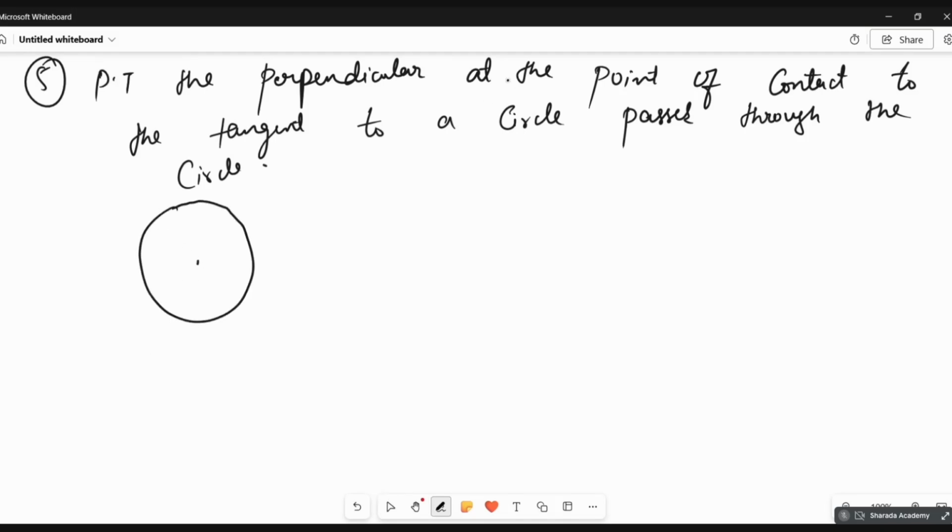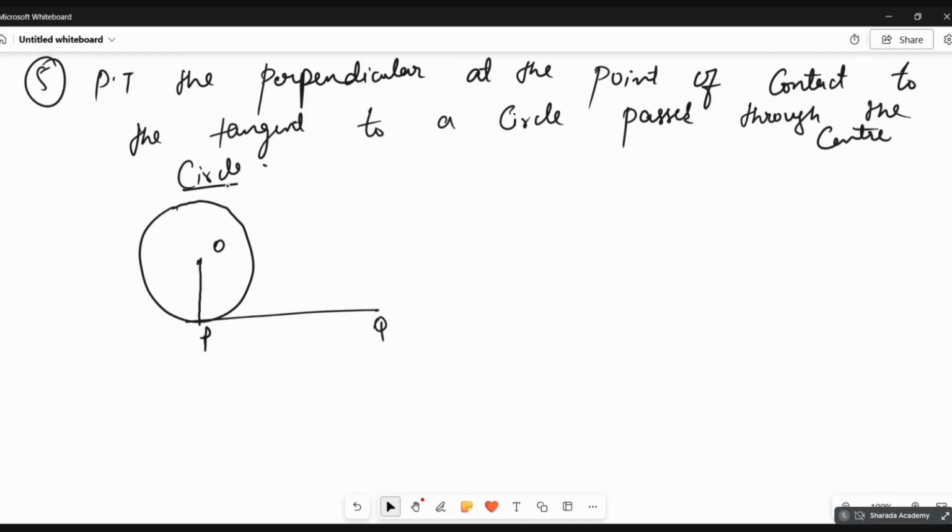Given a perpendicular at the point of contact, O, P and Q. A perpendicular at the point of contact to the tangent to the circle passes through the center.